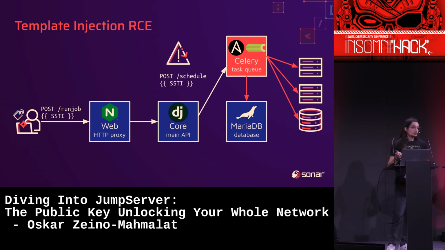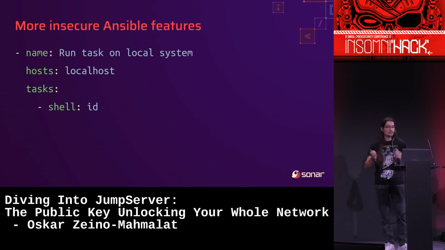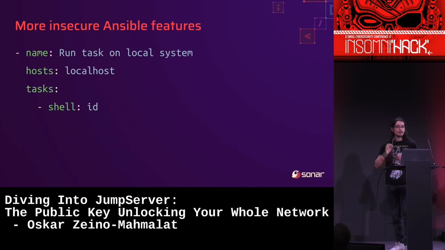I mean, that's already pretty cool, but of course it's not the only thing, because there are actually more insecure Ansible features, who would have guessed. And it turns out not only can we use templates, but we can also run tasks on the local system.